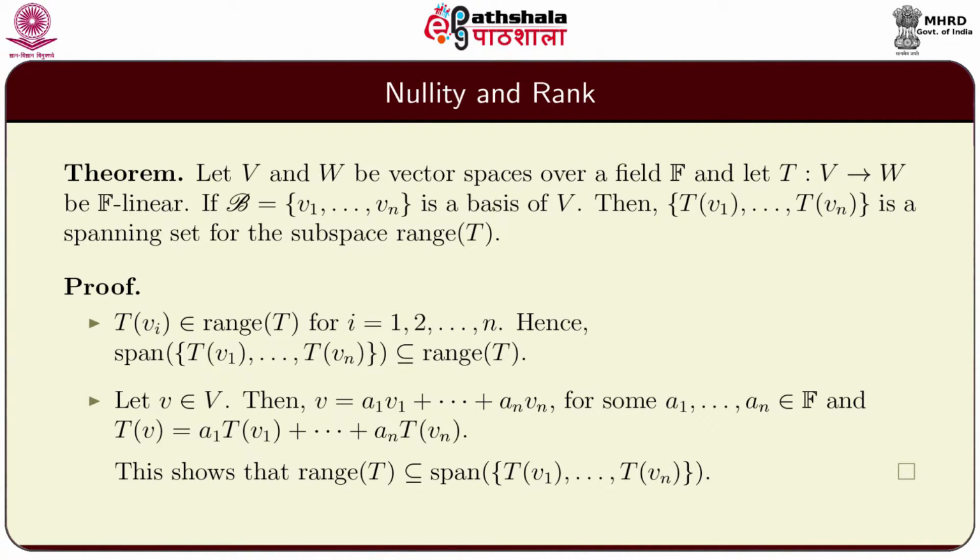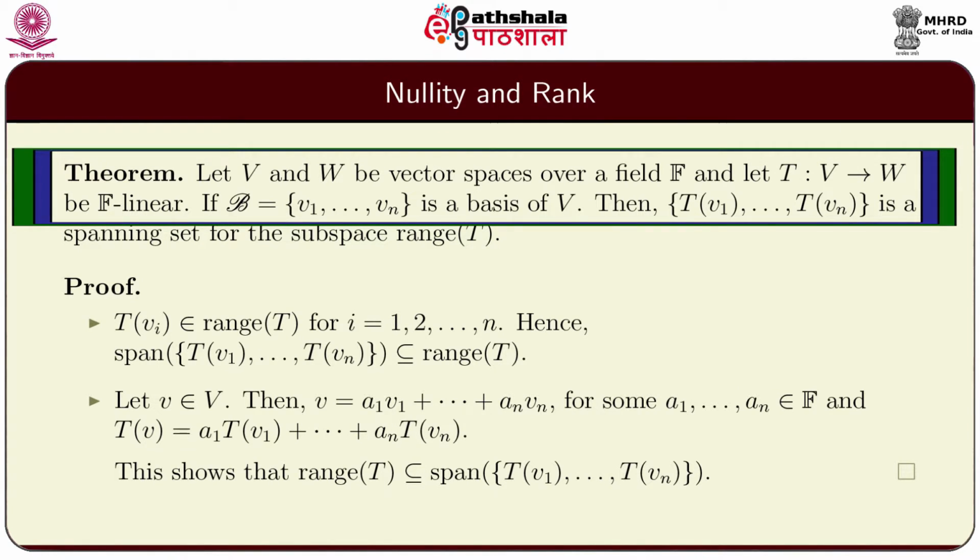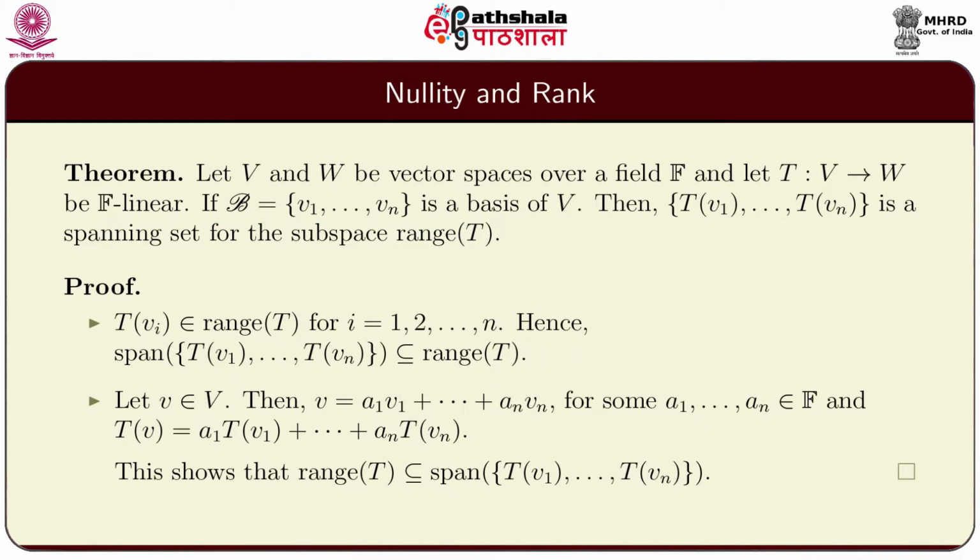Now, we come to a theorem. Let V and W be vector spaces over a field F, and let T from V to W be F linear. Suppose that V is finite dimensional and the set B, which is {V1, V2, ..., Vn}, is a basis of V. Then the set {T V1, T V2, ..., T Vn} spans the subspace range of T. How do we prove this?